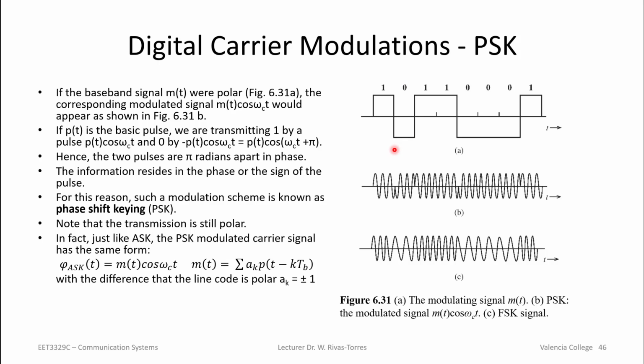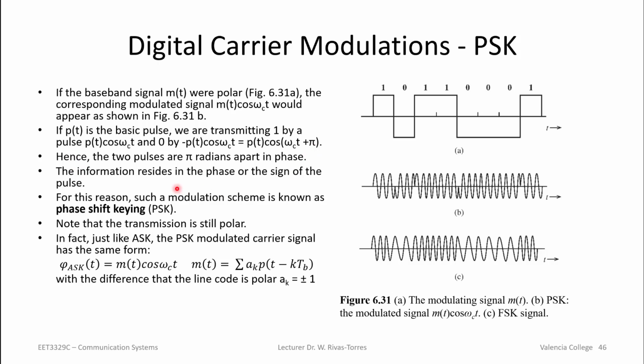That means when we modulate our signal, the one becomes p(t) cosine omega_c t, and the zero becomes minus p(t) cosine omega_c t. And we've seen that this minus can be converted into a phase of plus pi.